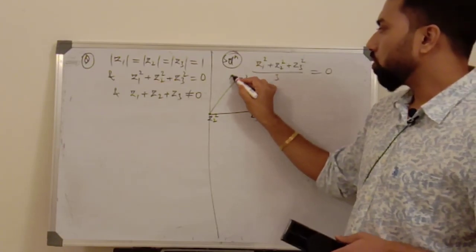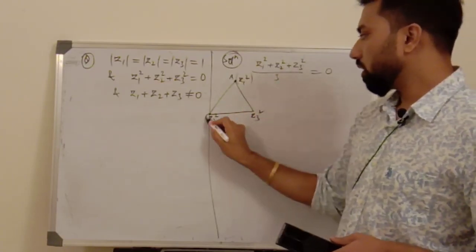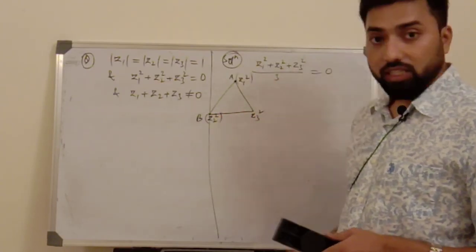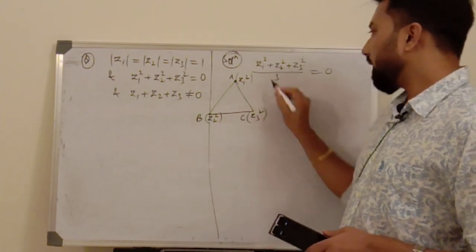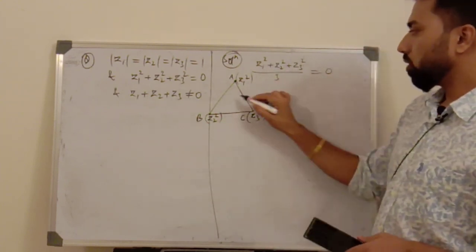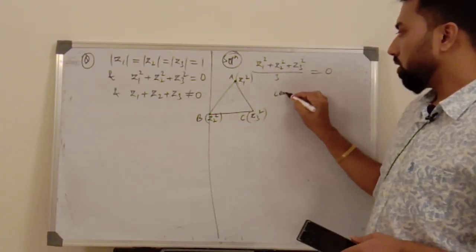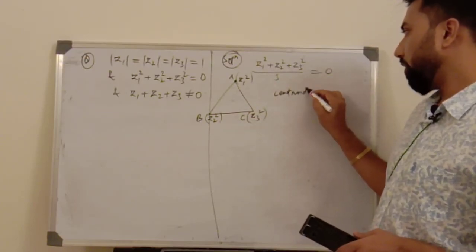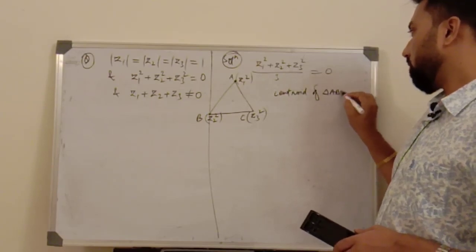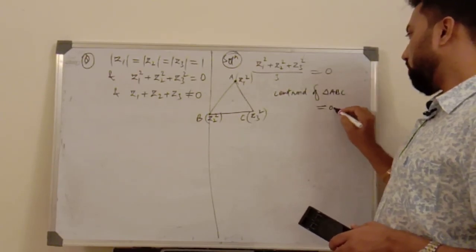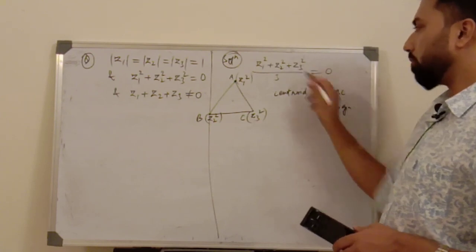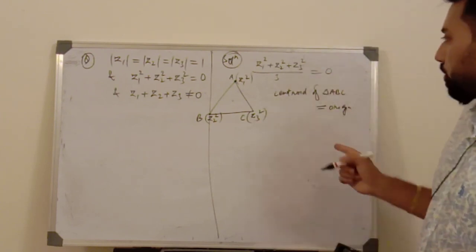So ये जो triangle होगा, triangle ABC, जिसके ये तीनों complex numbers affixes हैं, तो इस triangle ABC का centroid origin हो जाएगा 0. So we know that from here कि जो centroid है triangle ABC का वो origin है.